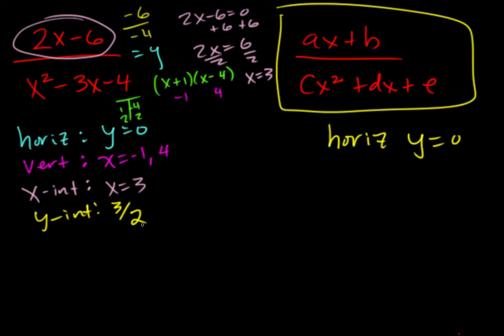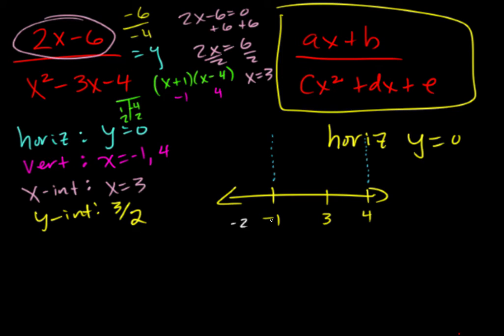And then part C says draw a sign diagram for the function. So sign diagram is based on whatever happens on the x-axis. And so we have negative 1, 3, and 4, our places of interest. These are vertical asymptotes though, so we need to show that on the diagram.